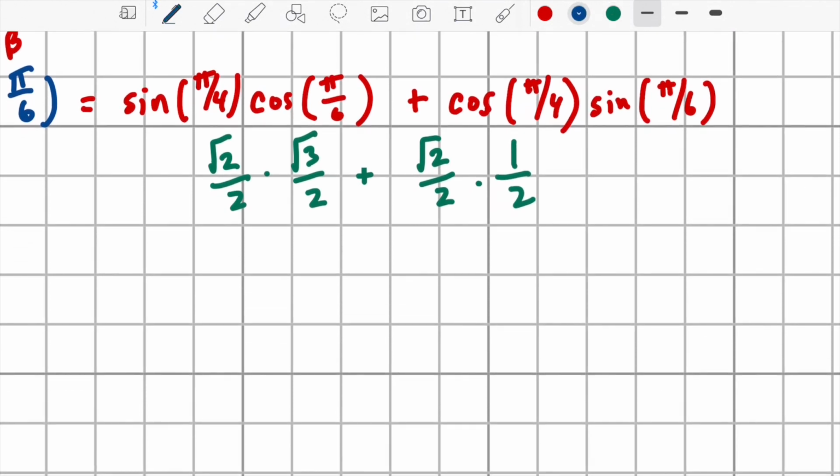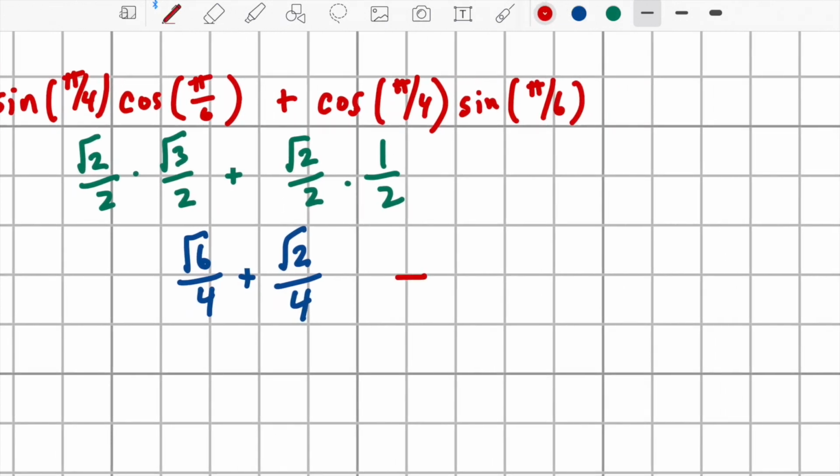So now we simplify it. This will give me square root of 6 over 4 plus square root of 2 over 4. And combining these two fractions as one, we have square root of 6 plus square root of 2 over 4.